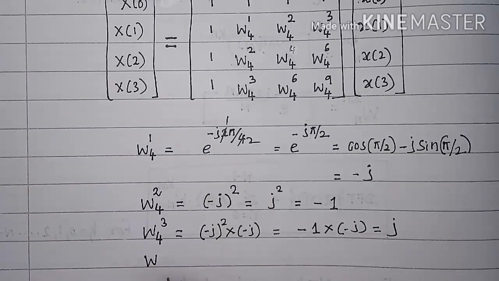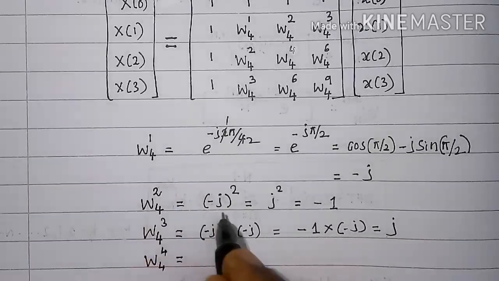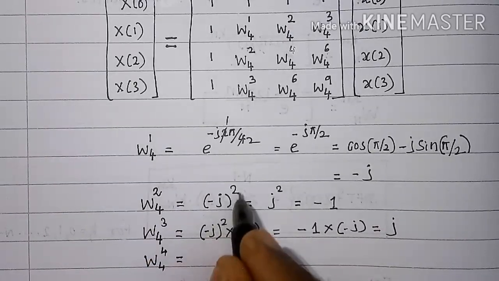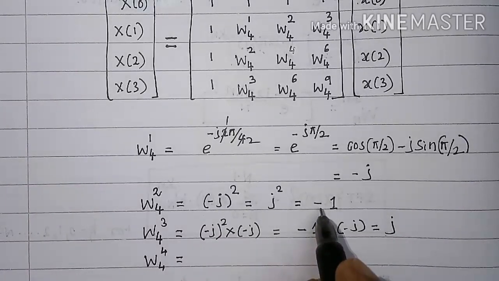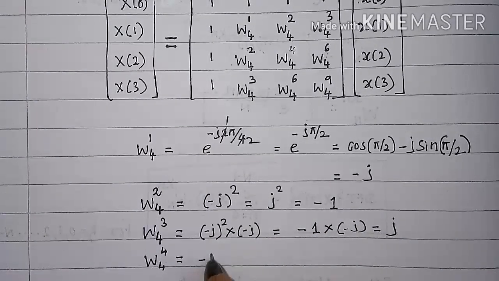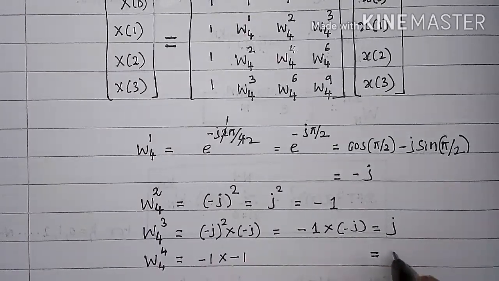W4 raised to 4 is minus j square into minus j square. Minus j square is minus 1, so minus 1 into minus 1 becomes plus 1.